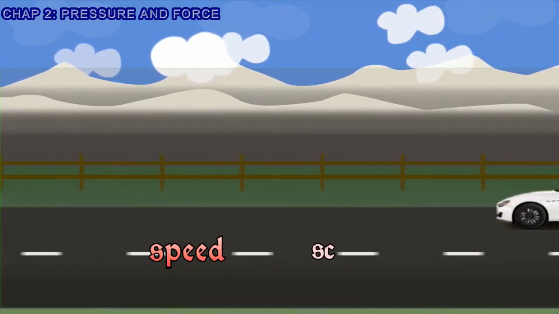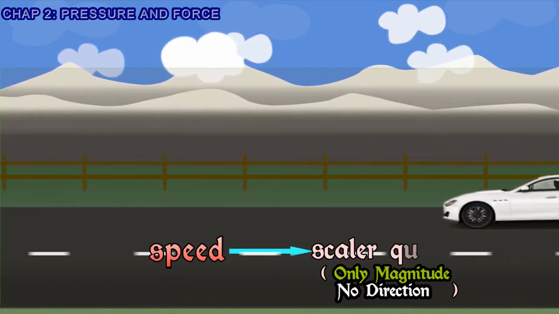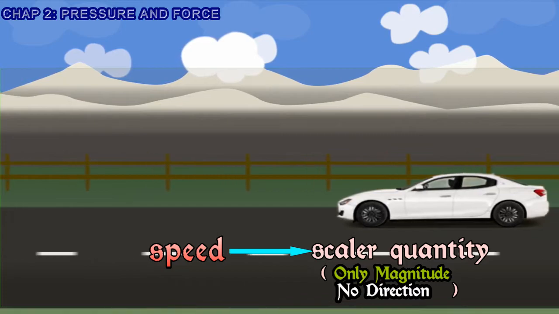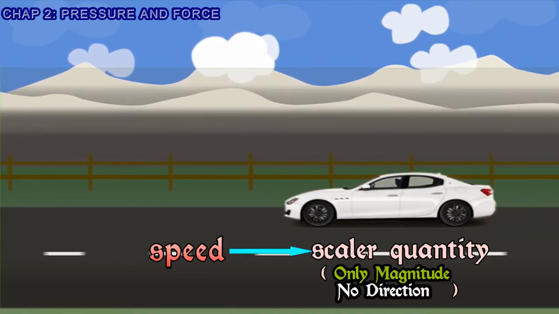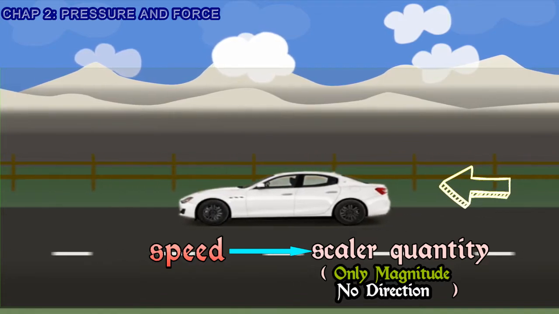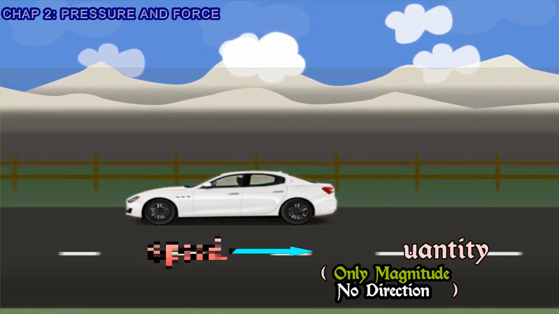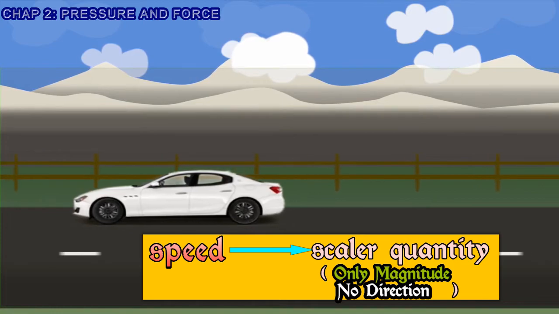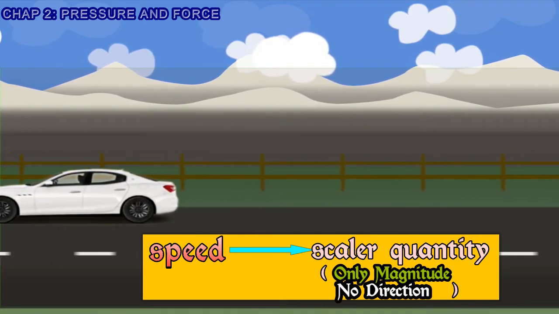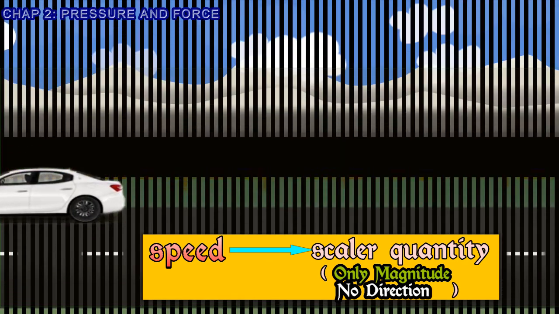Speed is a very good example of what we call in physics a scalar quantity, indicating only magnitude but not specifying any direction. So that's what scalar quantities are. Only magnitude but no direction.